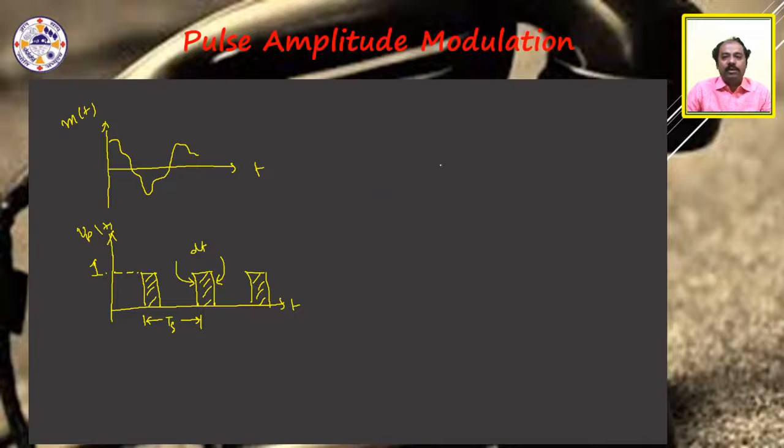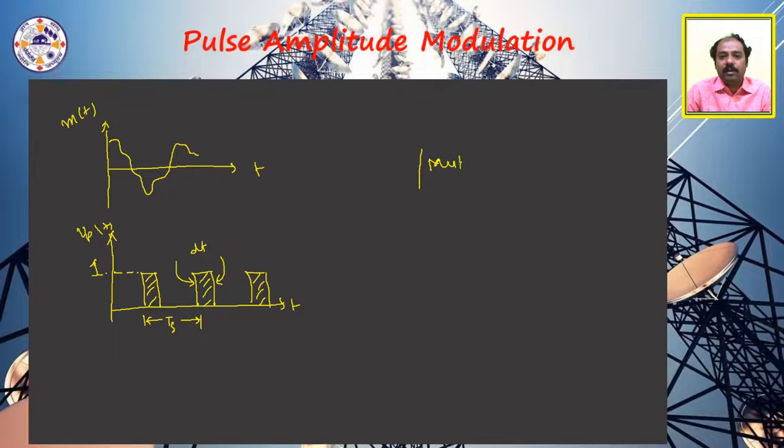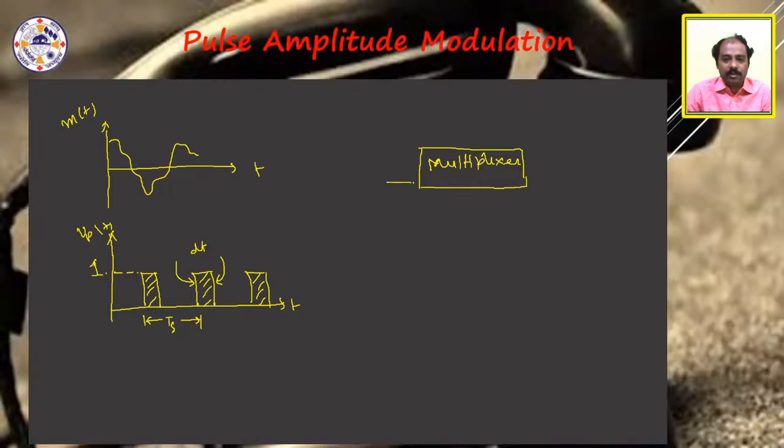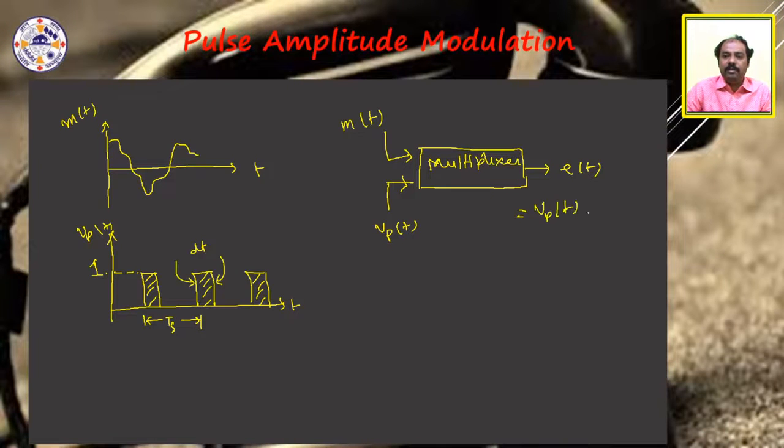Now this is a multiplexer, and we are applying these two signals here. This is v p t, and here we are applying this information signal, and now we get e t, which is equal to v p t into m t.